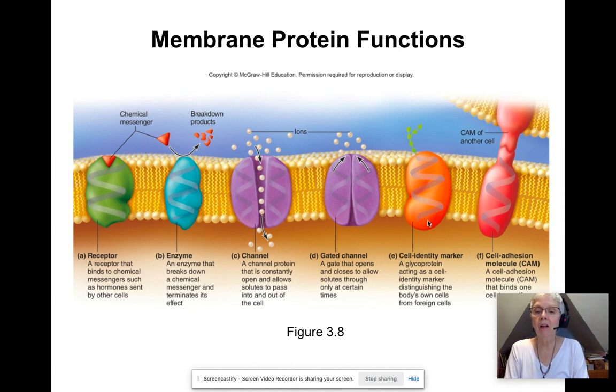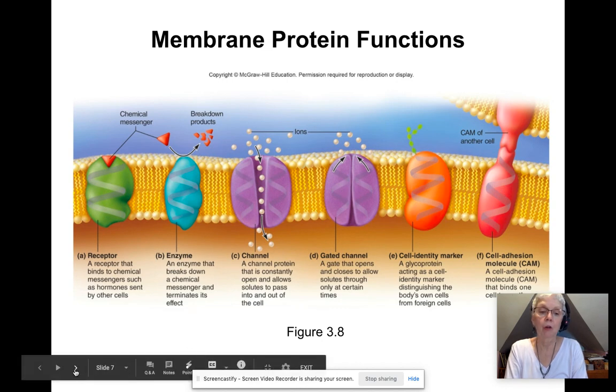They can just be a cell identity marker. They tell other cells what they are. And then last, they can be a CAM. With a CAM, it binds cells to other cells. So those are the different membrane protein functions. Make sure you know those.